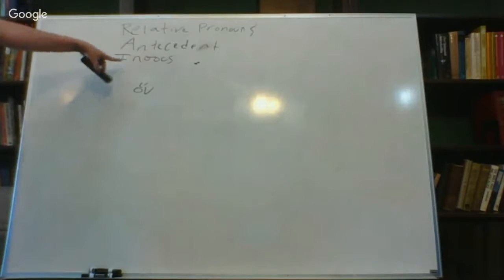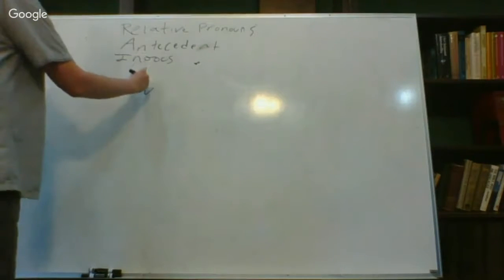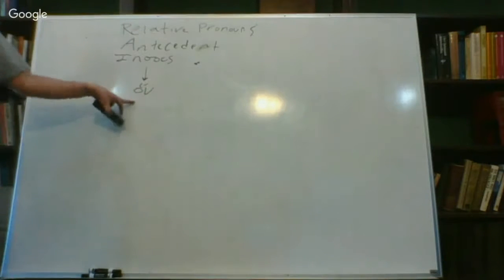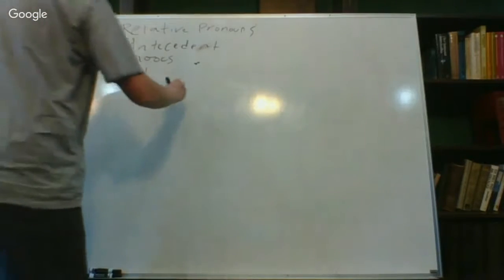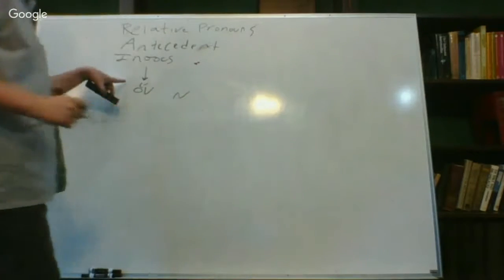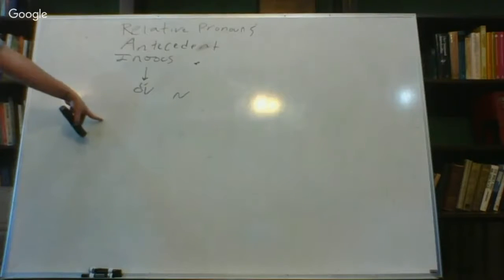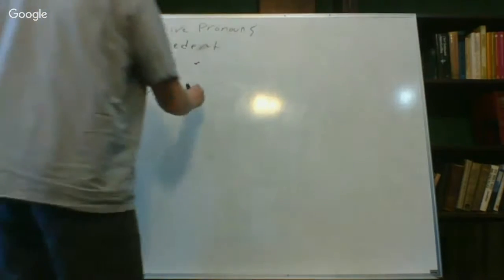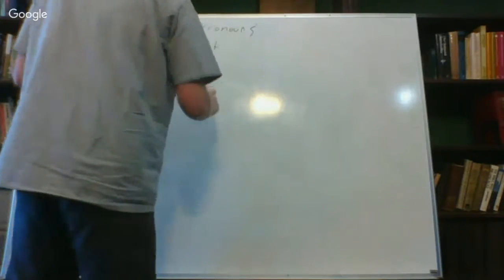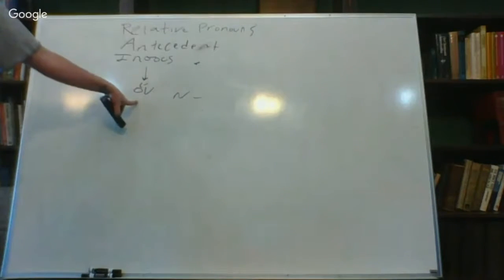So Jesus would be the antecedent of hon. What two things does hon have to agree with Jesus in? Number and gender. Do these agree in number and gender? You don't know that fully yet, but yes, we're going to go over the paradigm soon. But the case is going to be determined by function.